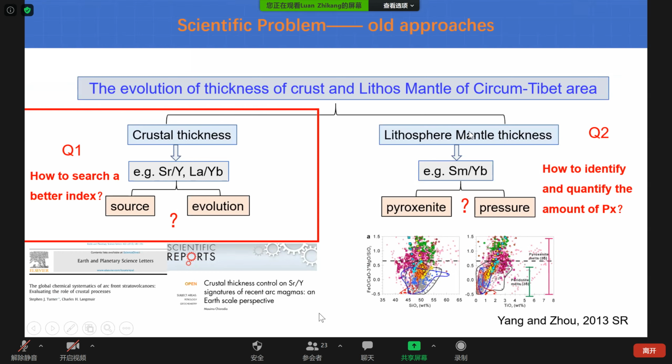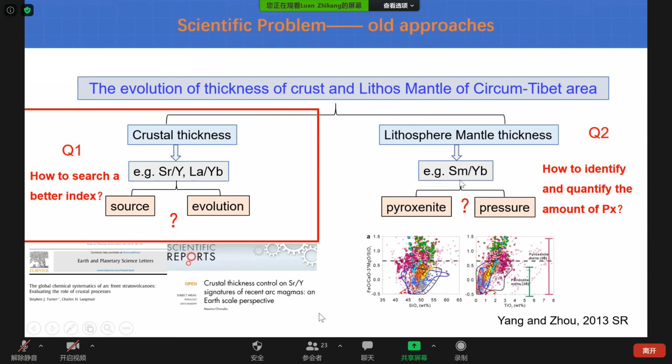And the next one is the lithosphere mantle thickness. We also use some element ratios to represent the lithosphere mantle thickness.